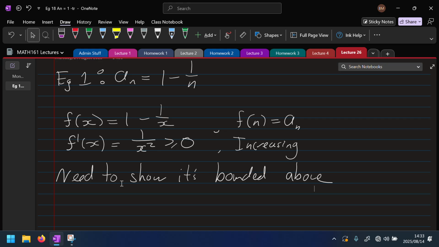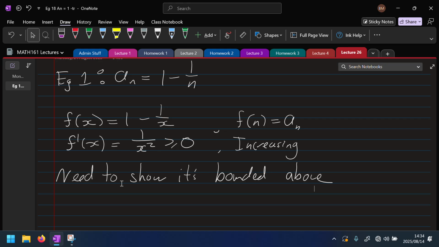So 1 minus 1 over n never goes above what? 2. That works. Yeah, 2 works, because it's 1 minus something, so it will always be less than it. It's always less than what?